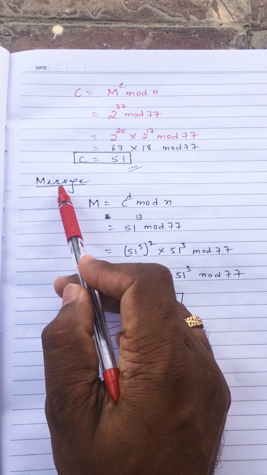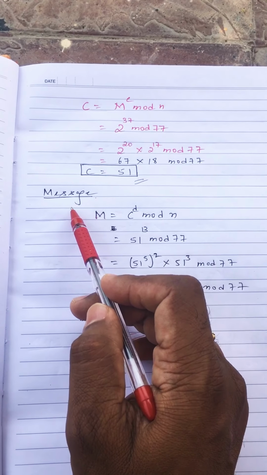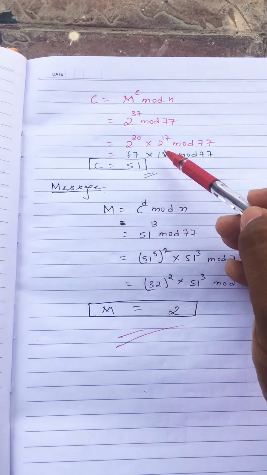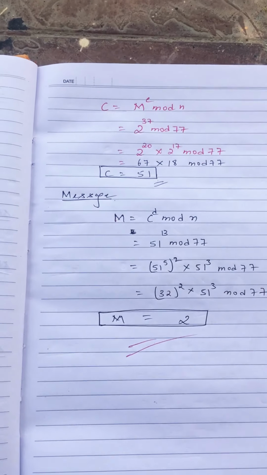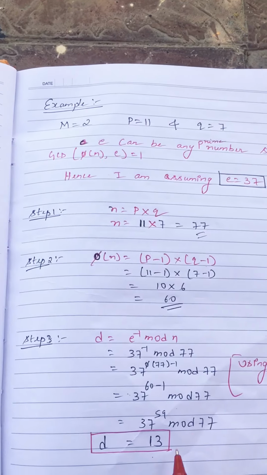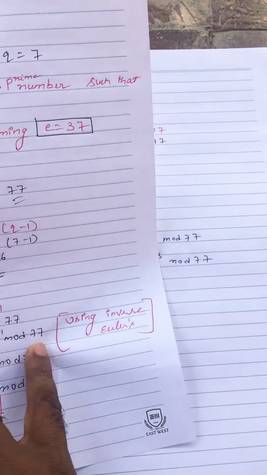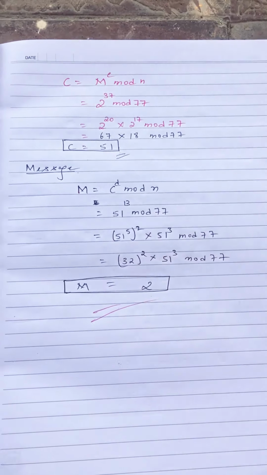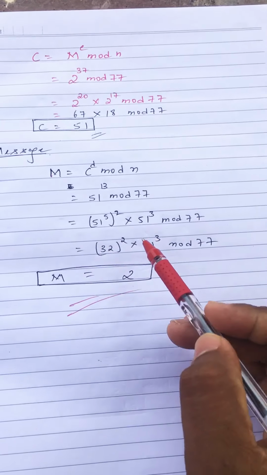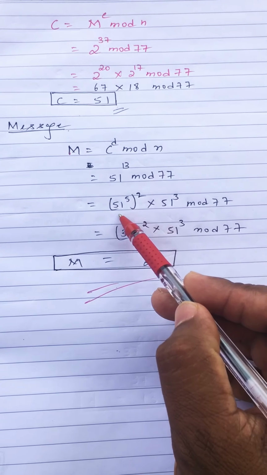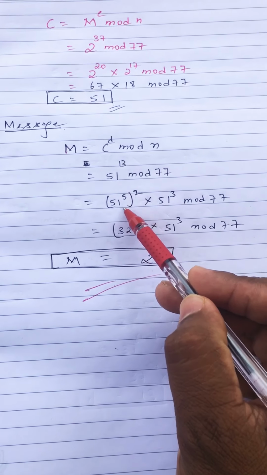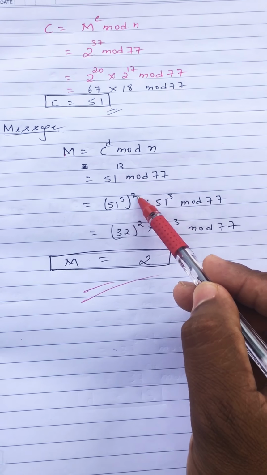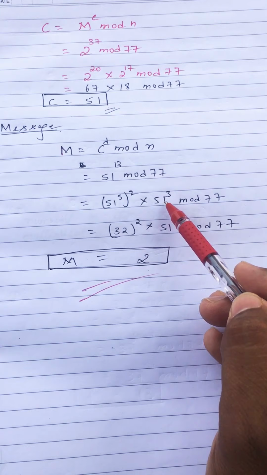In order to decrypt, m is equal to c power d mod n. My c is 51 and d is 13. So c power d is 51 raised to the power of 13 mod 77. 13 can be written as 5 into 2, that is 10, and the remaining is 3, hence 51 to the power 3.